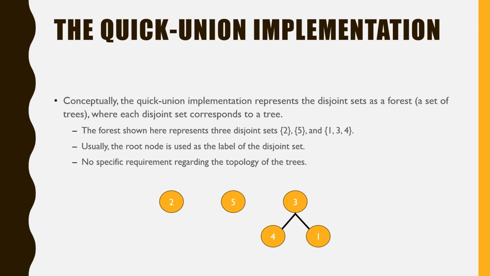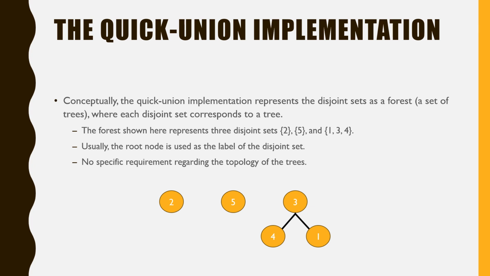For example, the forest shown here consists of 3 disjoint sets. The first set contains a single element, 2. The second set contains a single element, 5. The third set contains 3 elements, 1, 3, and 4.